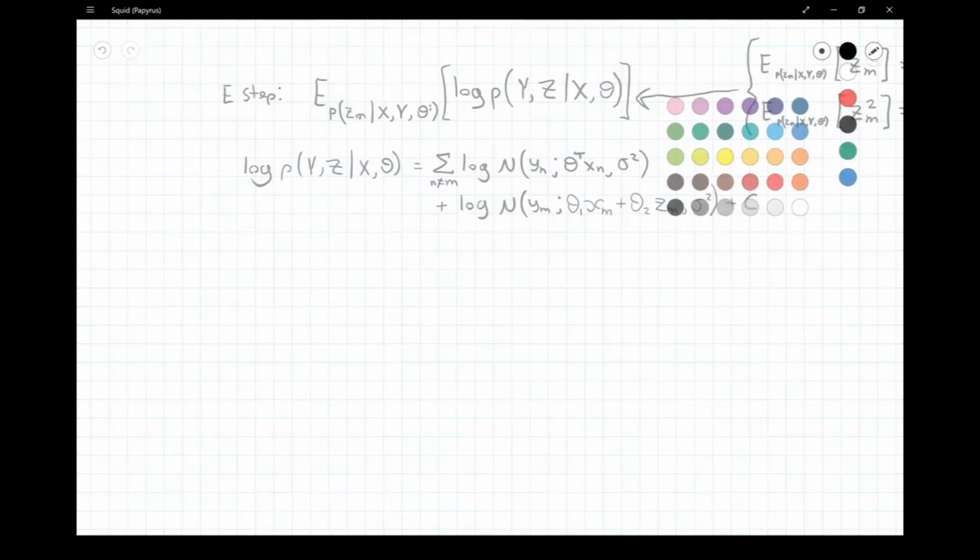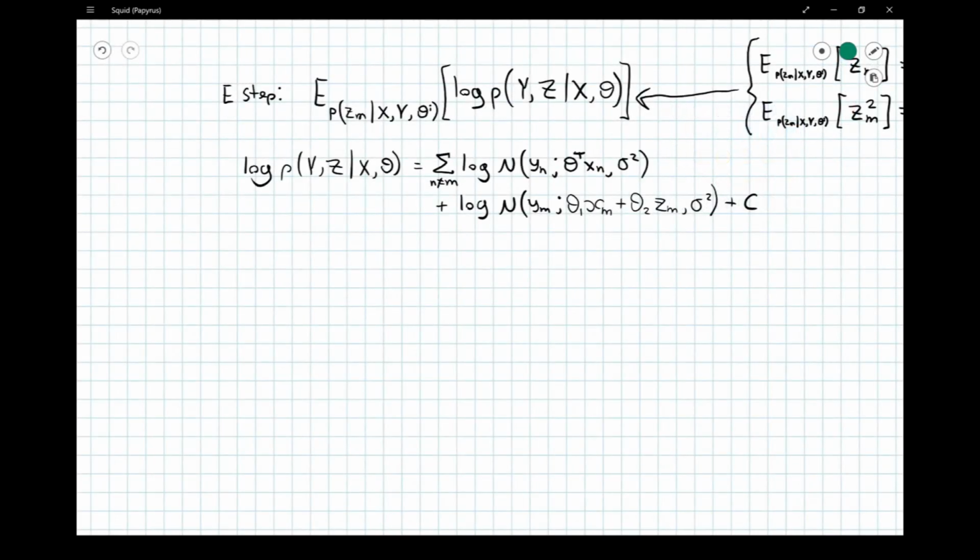So what I'm going to do is, actually it's slightly easier if we reverse the order. If we just write this as log p from now on, so we don't have to write out all this stuff, and this expectation, I'm just going to write it as E. Usually, what we've done before is find the expected value of log p, then differentiate that with respect to theta, and set it equal to 0.